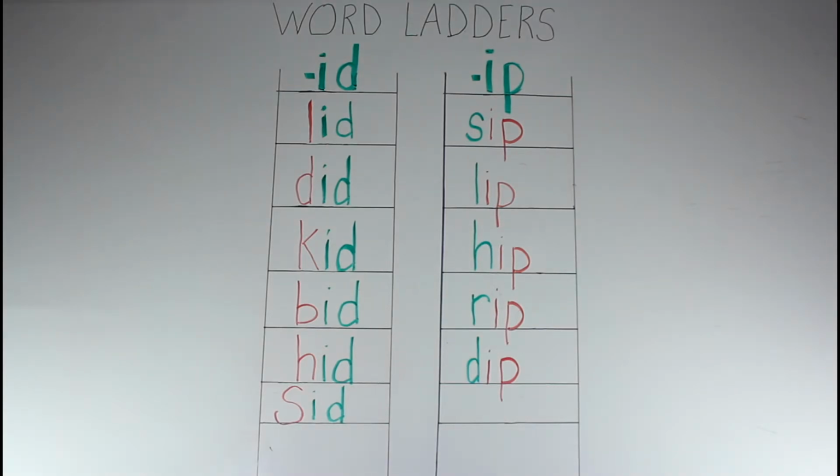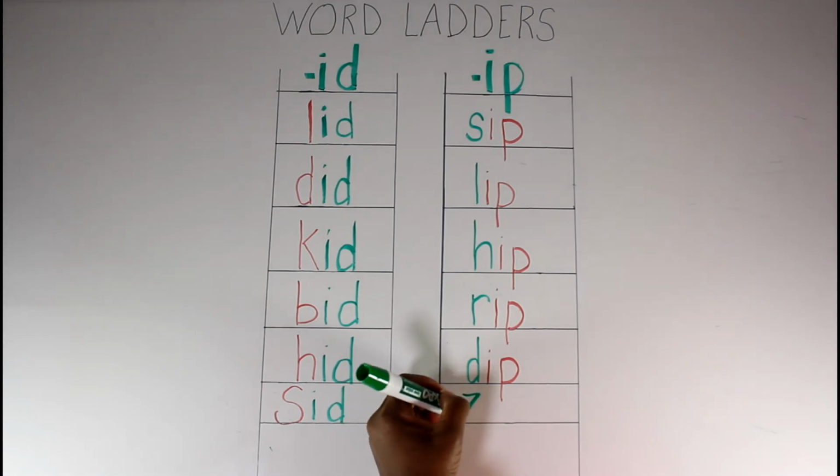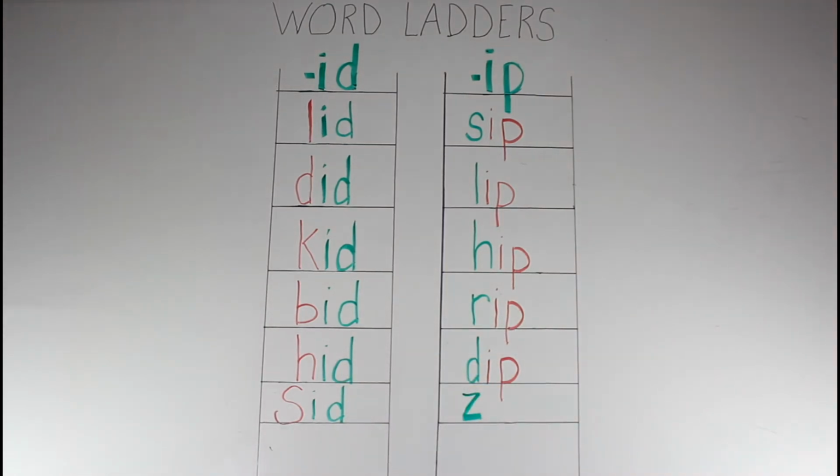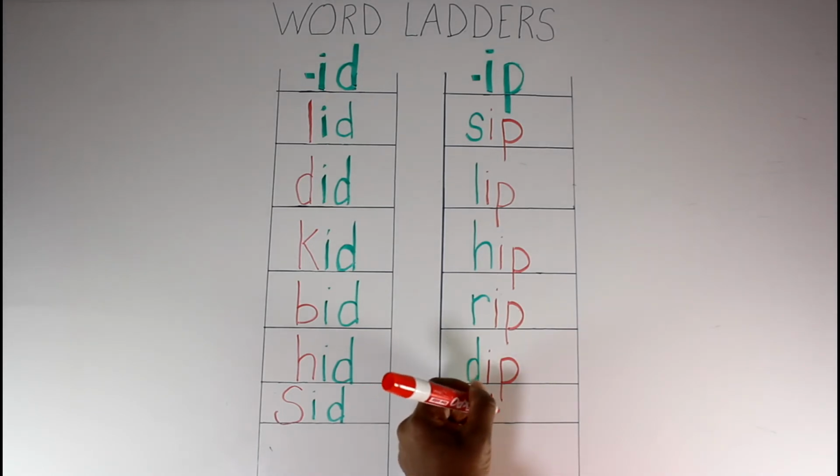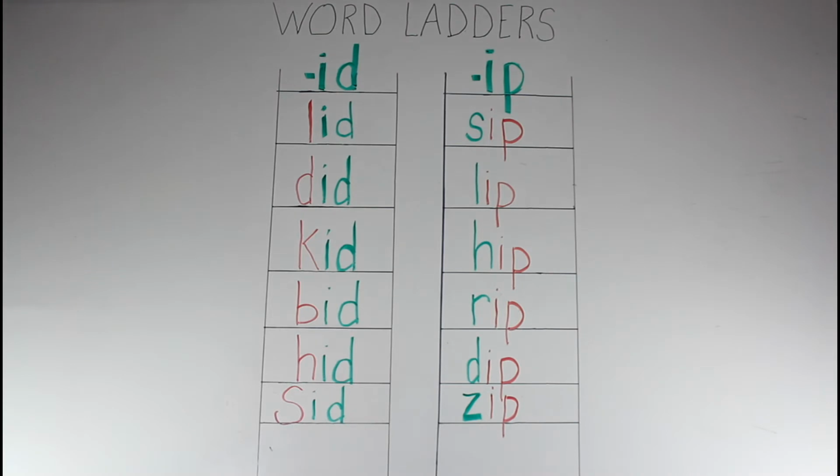Dip. Our next one will be Z. That letter is a Z. Z says z. And we put IP. We get zip.